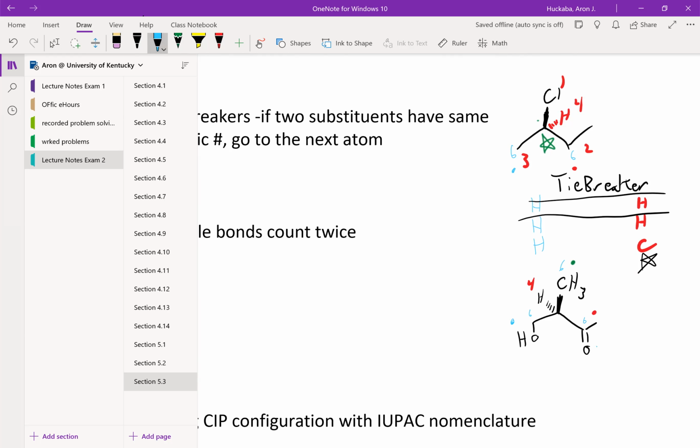So the blue carbon has 2 hydrogens and an oxygen. The green carbon has 3 hydrogens. And the red carbon has 1 carbon and 2 oxygens, right? Oh wait, actually, this was a hydrogen here. So it should have been a hydrogen. Sorry.